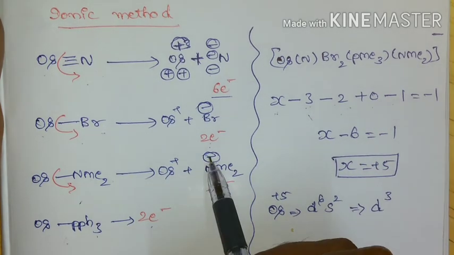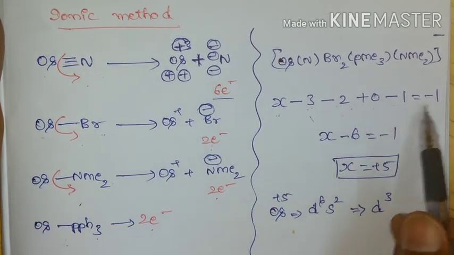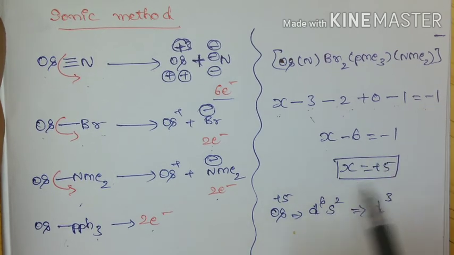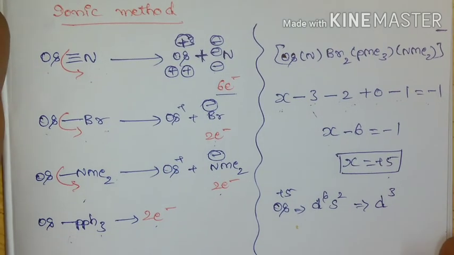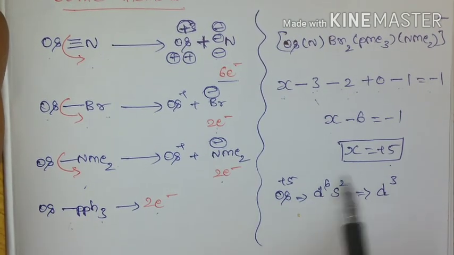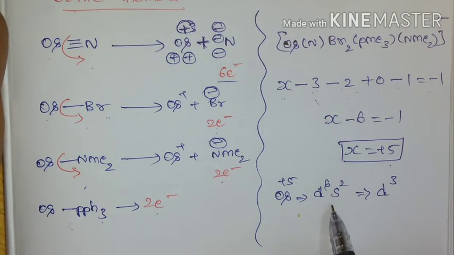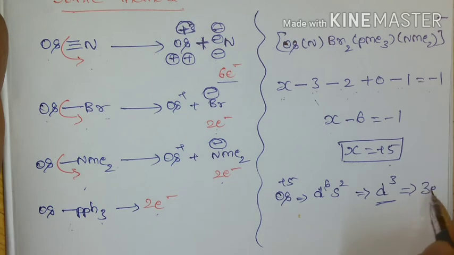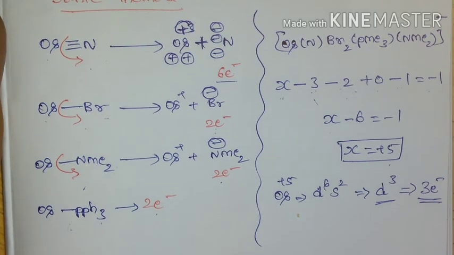NMe2 minus is going to carry minus 1 charge, and the overall complex is going to carry minus 1. So from this osmium will be in the plus 5 oxidation state in this complex. So if I remove 5 electrons from its valence electron configuration, I am left with 3 electrons. So here osmium is going to contribute 3 electrons.